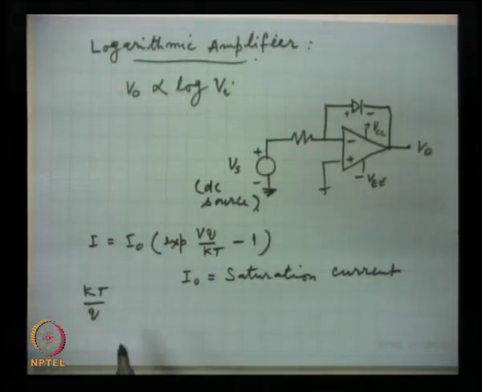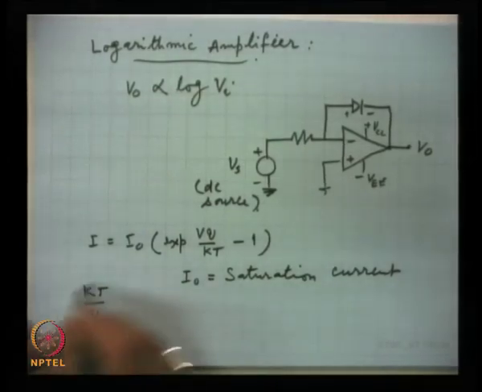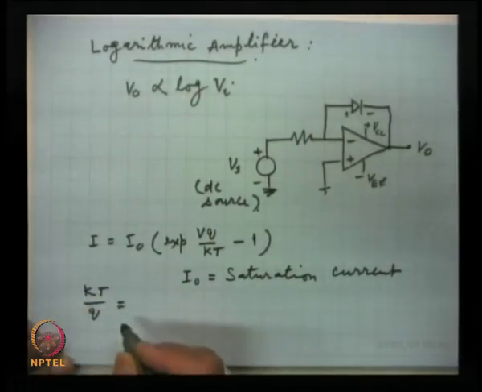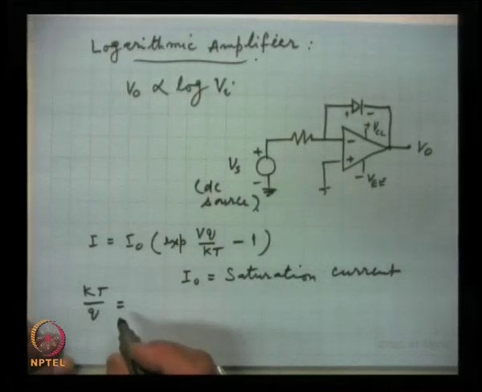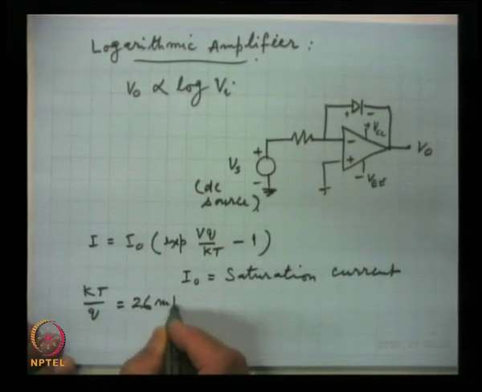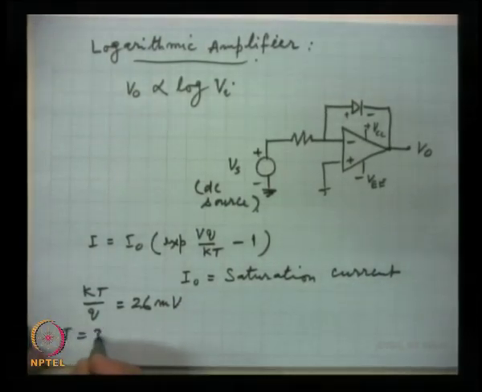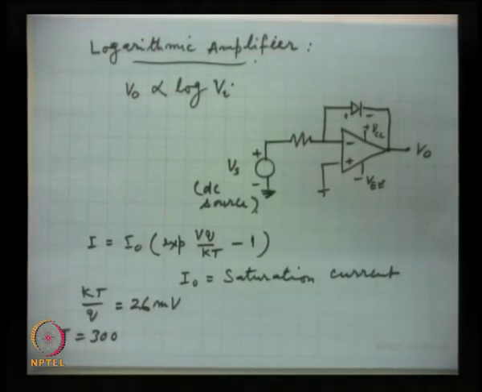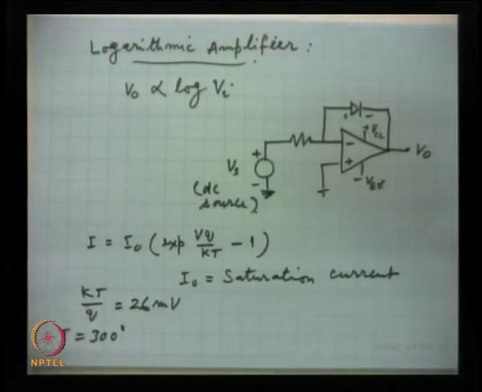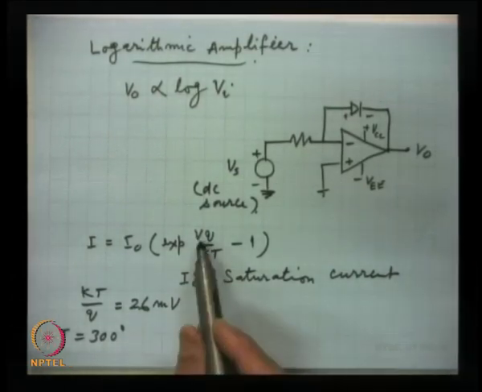So this is the voltage equivalent of thermal energy at room temperature. This comes out to be roughly 26 millivolts at temperature T equal to 300 degrees Kelvin.